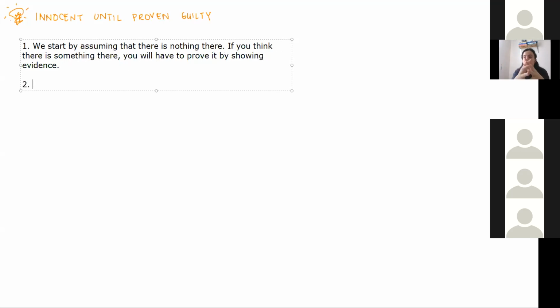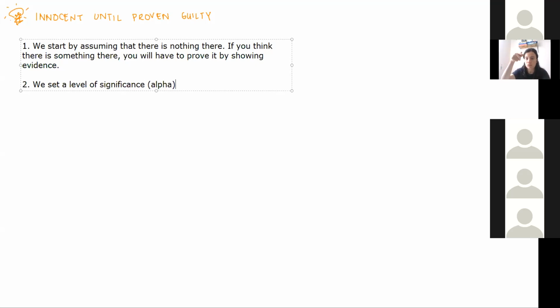Once you have assumed that there's nothing there, we're going to have to determine how sure we want to be, like how much evidence do you want to have before you make a decision, right? So you are going to determine something that is called a level of significance. So we set a level of significance, or significance level, which is called alpha.